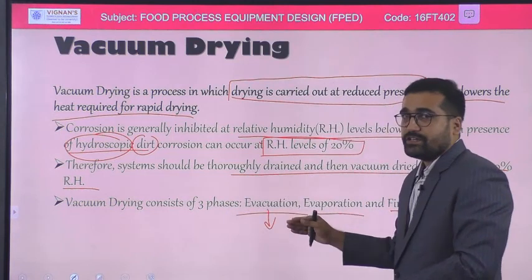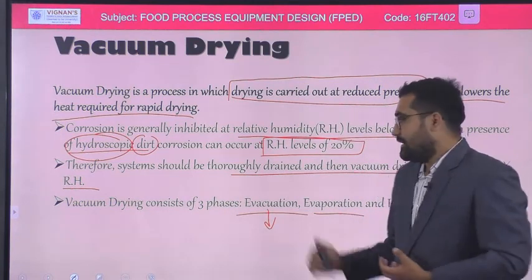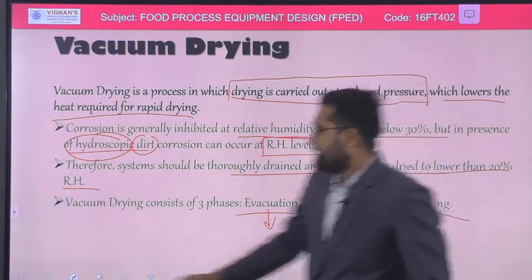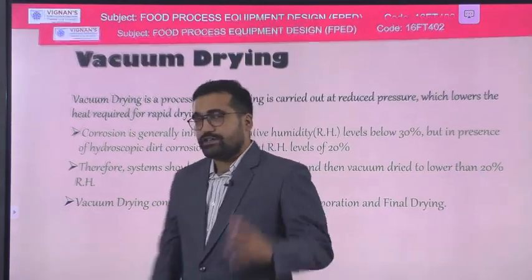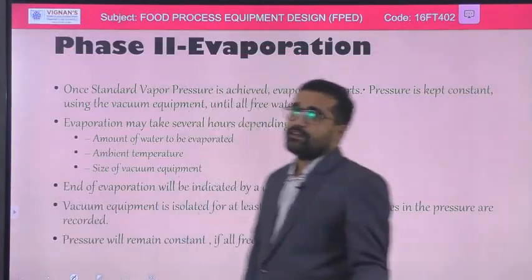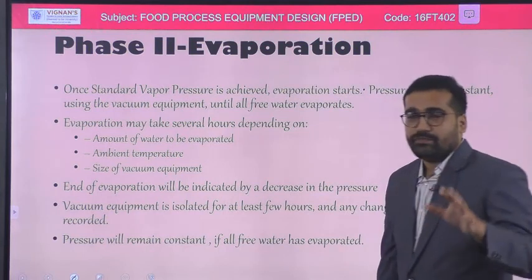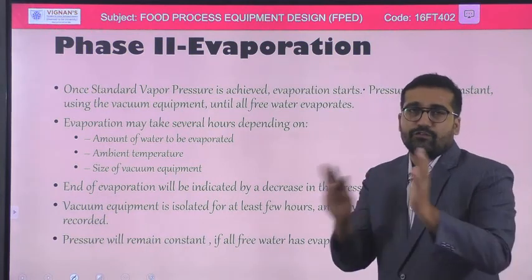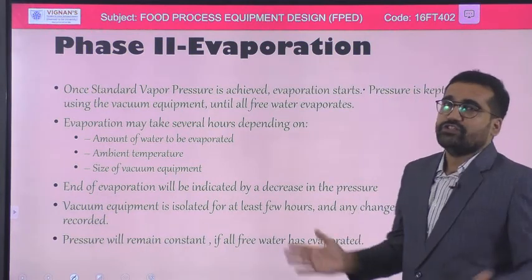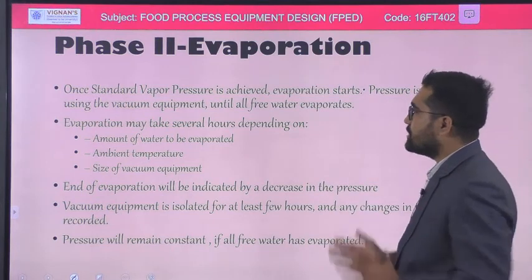So in evacuation we create the vacuum, and the remaining two phases we will see in detail. Evacuation deals only with making the vacuum and removing ambient air or moist air from the chamber.